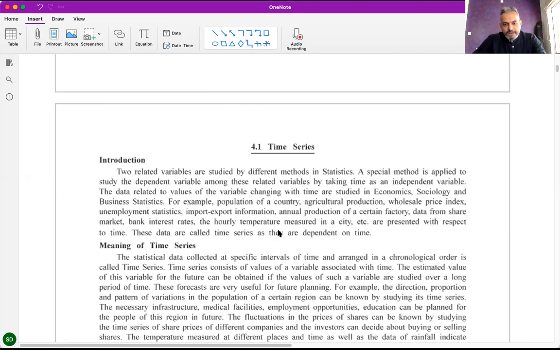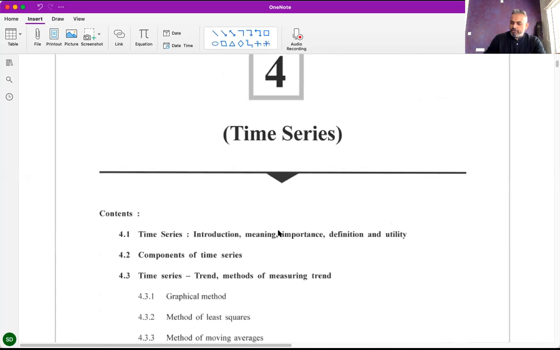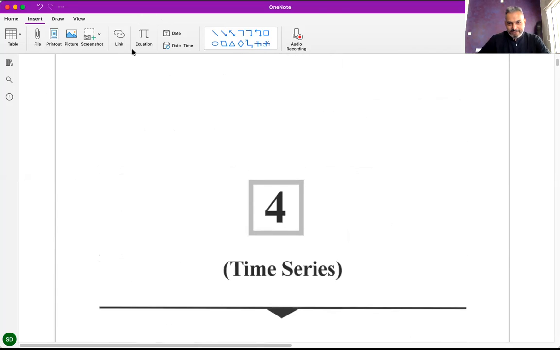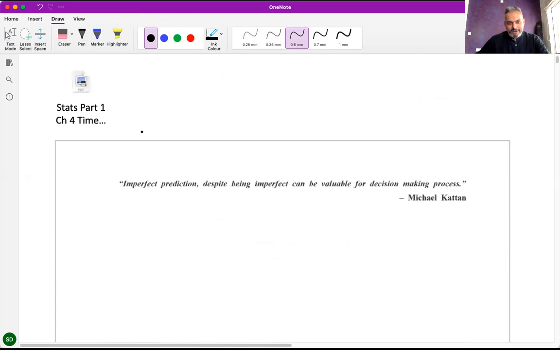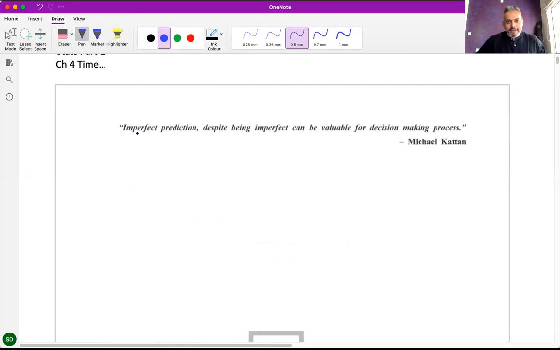Now, at the beginning of the chapter, there is one quote, and that quote is very interesting. I really like the quote, so I thought I'll read it for you. Imperfect prediction, despite being imperfect, can be valuable for decision making.